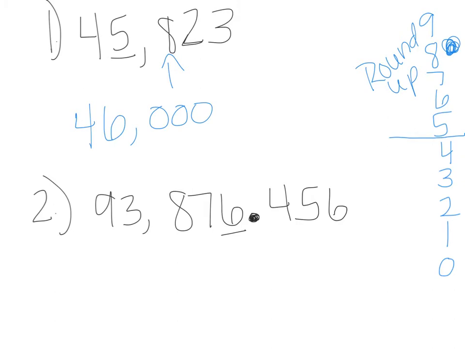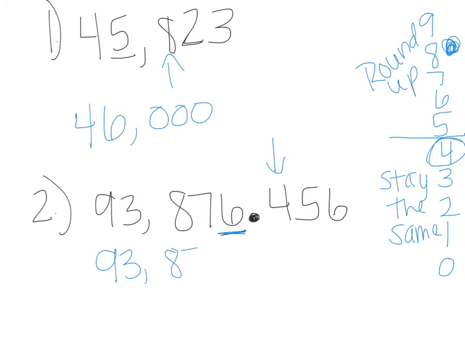Okay, now let's look at our second number, 93,876 and 456 thousandths. Okay, my 6 is underlined here, so that means I need to look at my 4. Okay, my 4 is going to make it stay the same. Okay, so I'm going to keep everything in front of the 6 the same number.